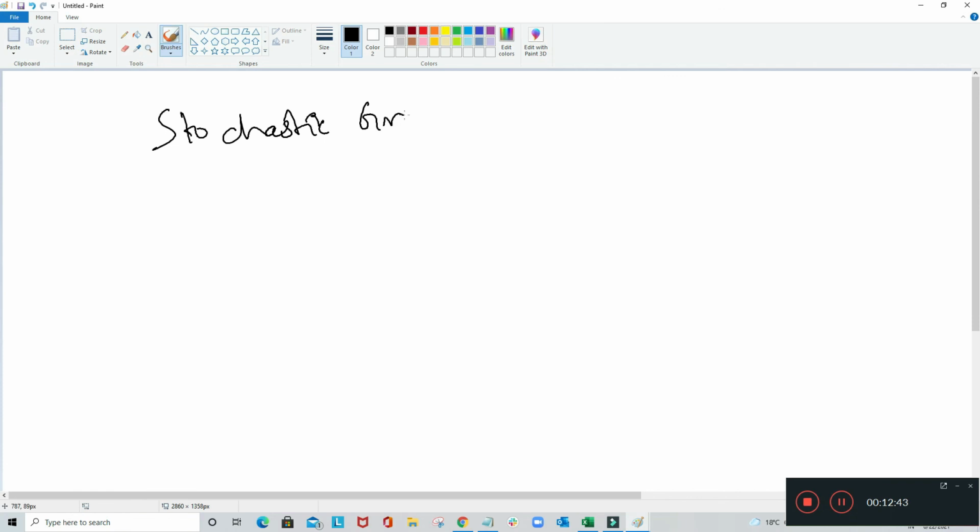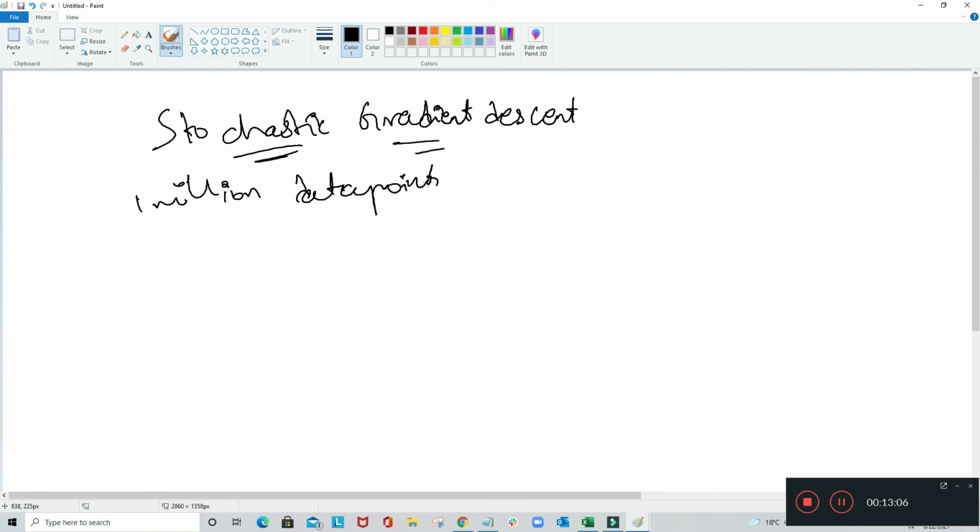Stochastic gradient descent. What stochastic gradient descent does is, from the 1 million data points, for each iteration, say we saw x1, x2 and so on, those are the iterations.